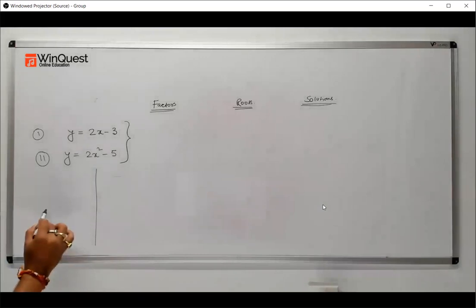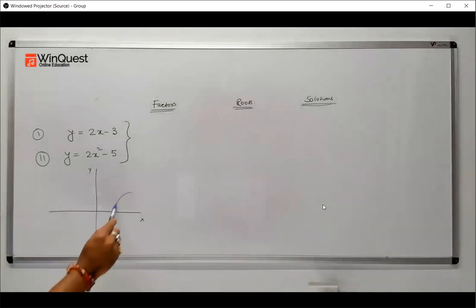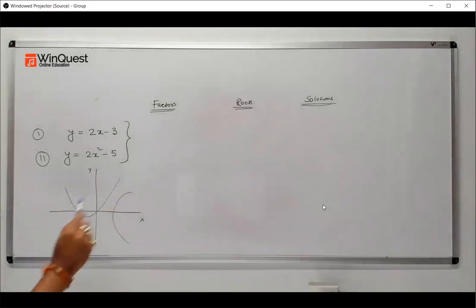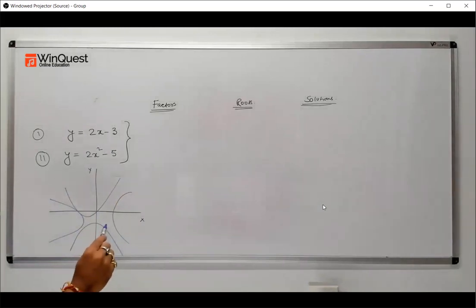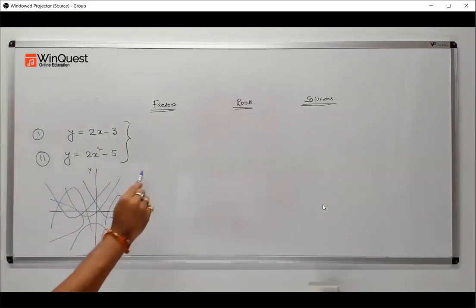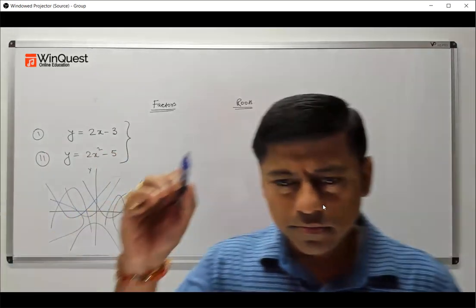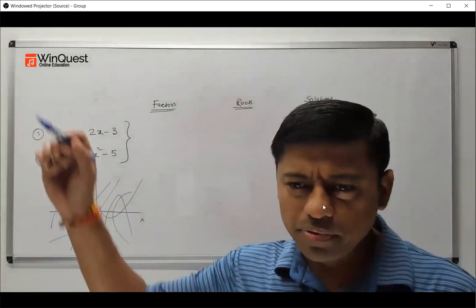Let's say this is your x and y graph. This is x, this is y. A parabola will be like this, like this, maybe like this. But essentially, all these shapes that are going here and there are taking an expanded V shape.